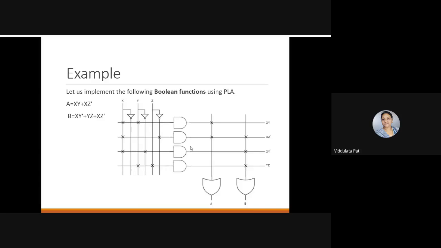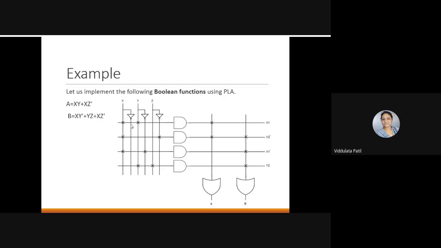So now let us have an example of this programmable logic array. Here in this diagram, the AND array connection is programmable, and this is also programmable. So we can implement these two Boolean expressions using this programmable logic array: a, that is xy plus xz bar, and b, that is xy bar plus yz plus xz bar.